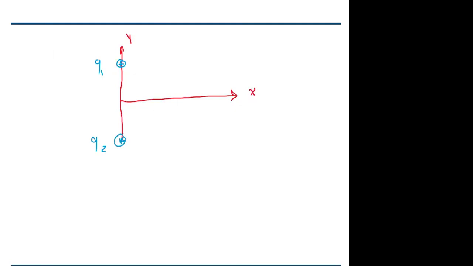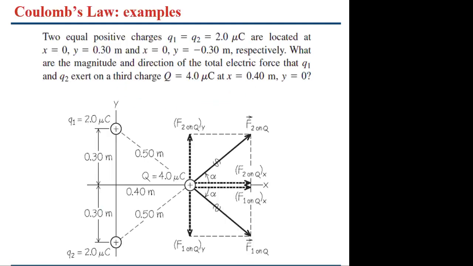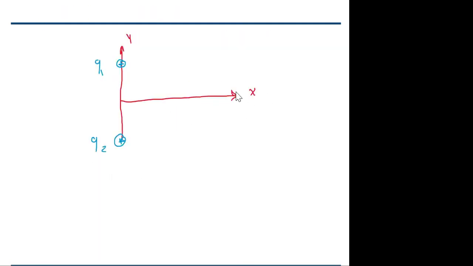But there is another charge. The third point charge is capital Q, which is positive also. The question is, what is the force applied on capital Q? He's asking about the vector, its magnitude, and its direction.